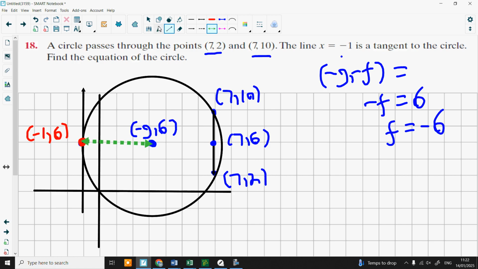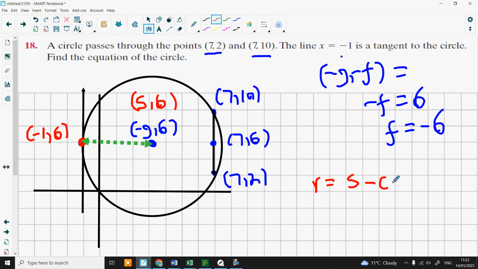Let's think of this logically. If this was the point (5, 6), what would be the length of the radius? Would you agree that the radius would be 5 minus minus 1, which would make the radius 6? Does that make sense? Because it's 1 across to the left and then 5 infield.